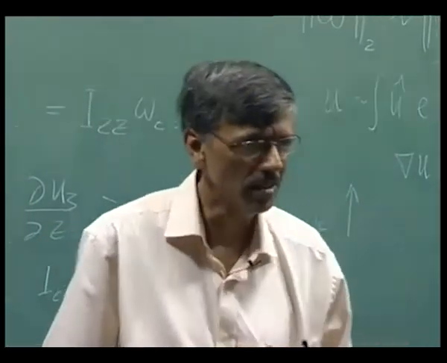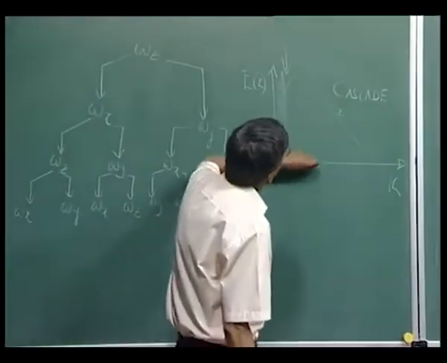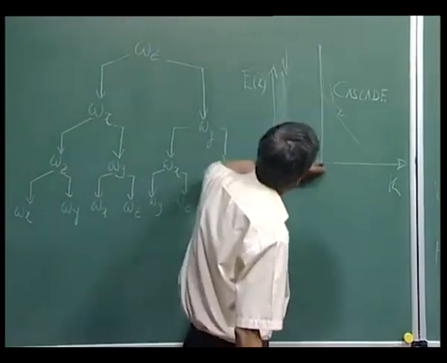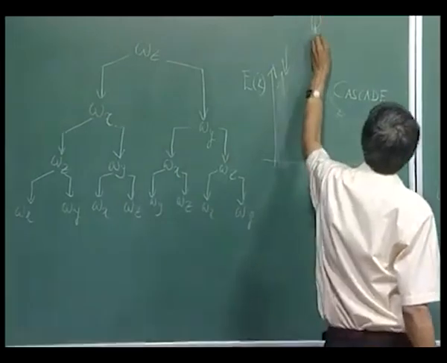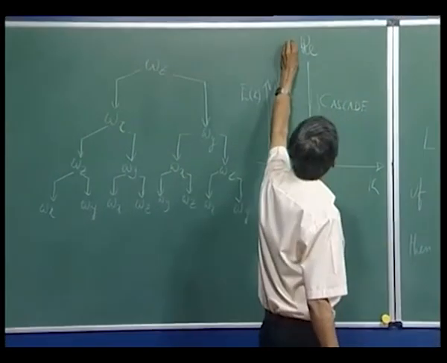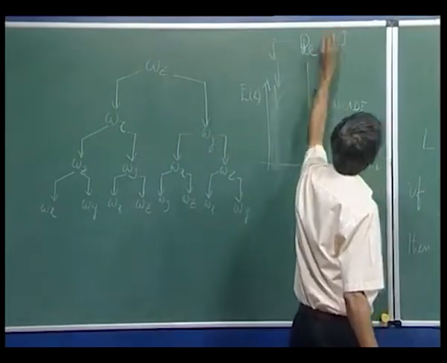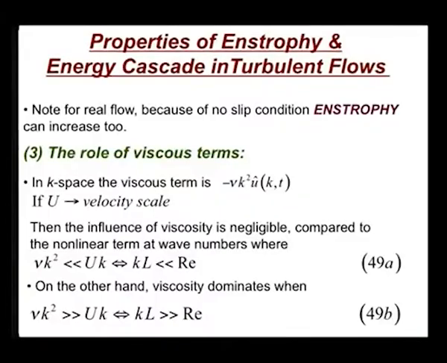So, if I draw a line, non-dimensional k along like this, this is the boundary that is determined by, let us say, Re. So, on this side viscous effects are unimportant, on this side viscous effects are important, right. So, that is one way of interpreting this slide.